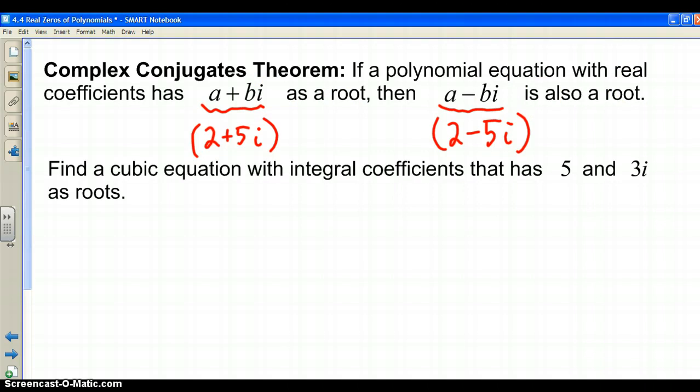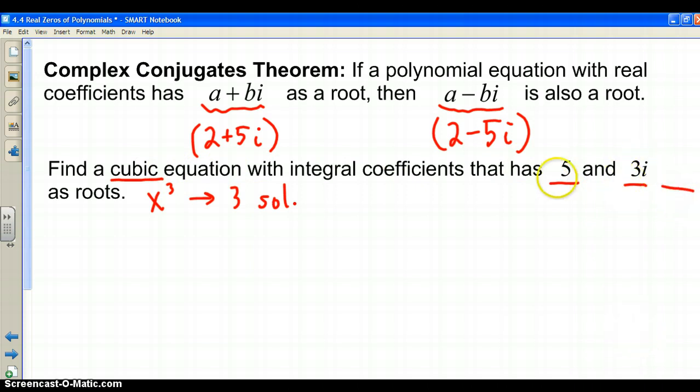If you have a plus bi as a root, then you must have a minus bi as a root. And so if you have a cubic equation, when you read that, I hope you think x to the third power, which means, what we just learned, there are three solutions of some kind for this particular equation. So we know two of the solutions, where one of them is 5, one of them is 3i. I think we know the third one.